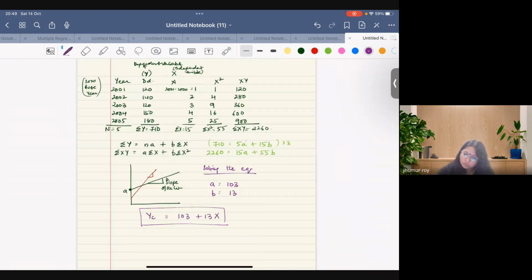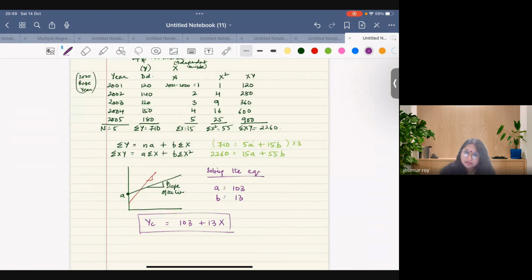Now, what do we do over here is, this is important, that's why I'm coming to this particular area, that you find YC here. How do we find out YC? Like for the first one, what is the value of X? It is 1. So for the year 2001, YC is equal to 103 plus 13 into 1.